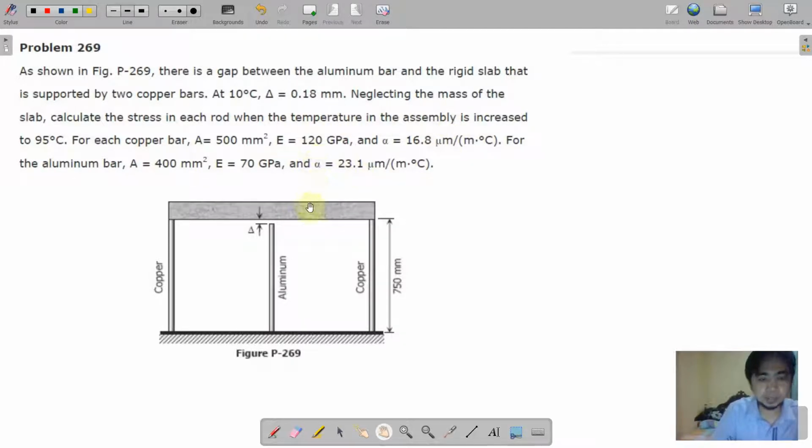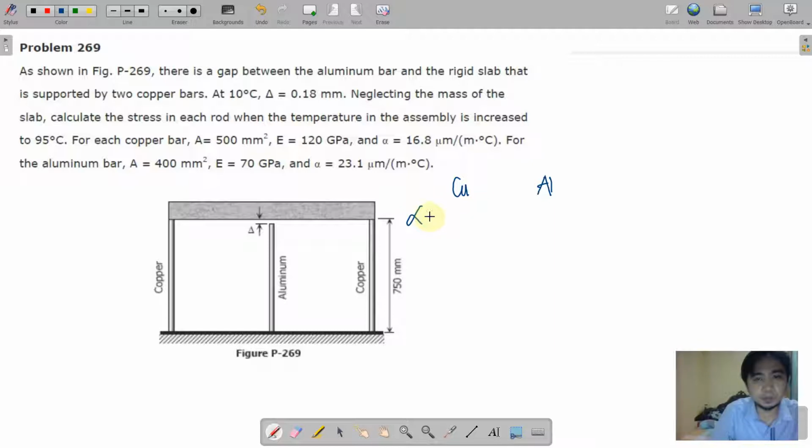In the given, let us compare the property of copper versus the aluminum.